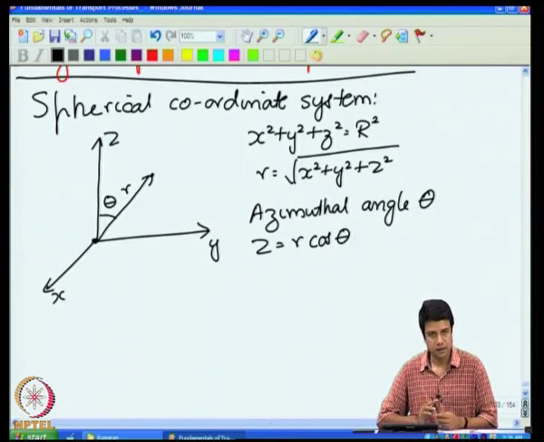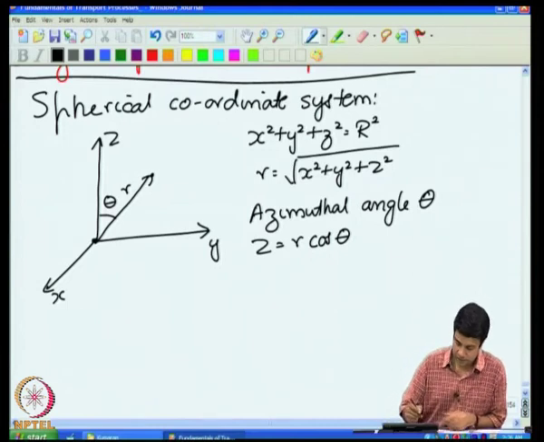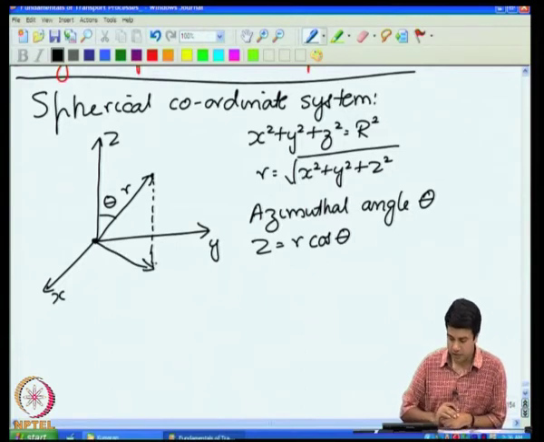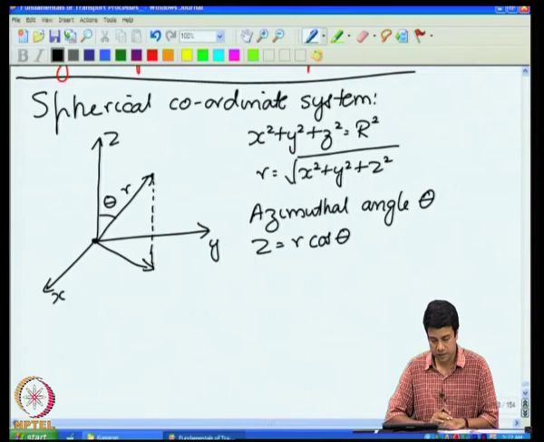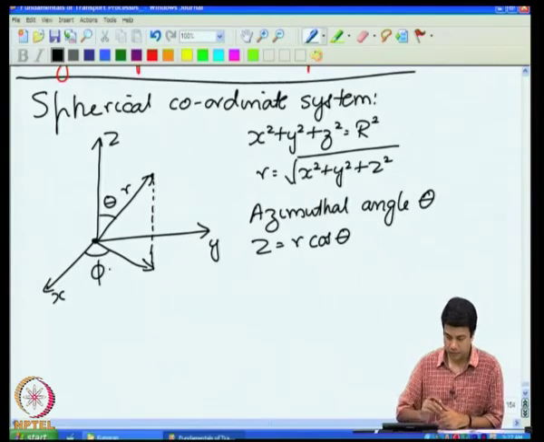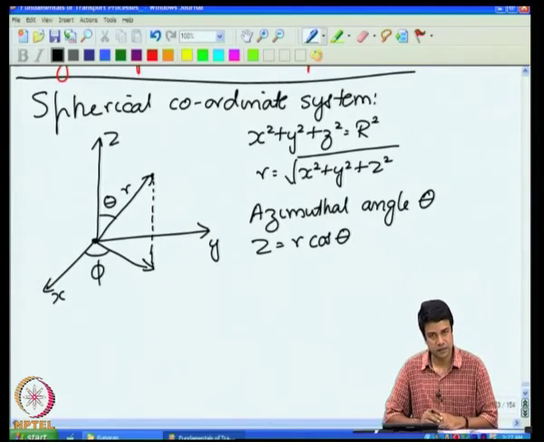And there is a third angle, which is the angle made by the radius vector around the z axis. If I take a projection of this radius vector onto the xy plane, the angle that the projection makes with the x axis is called phi.